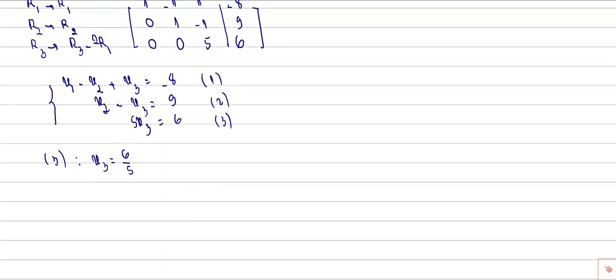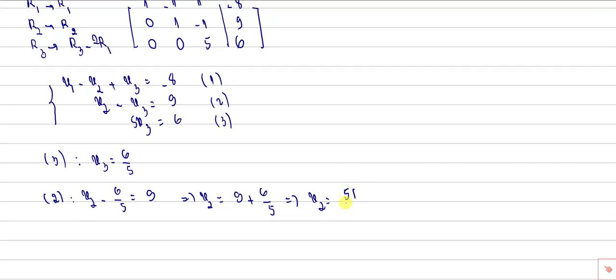And the next, equation 2, we got x2 minus 6 over 5 equal 9. So we got x2 is equal to 9 plus 6 over 5, which is 51 over 5.